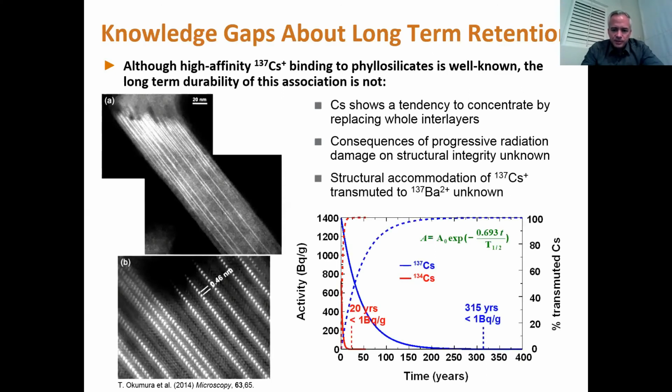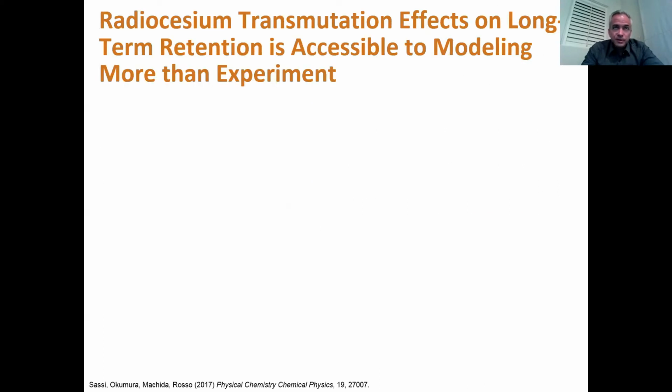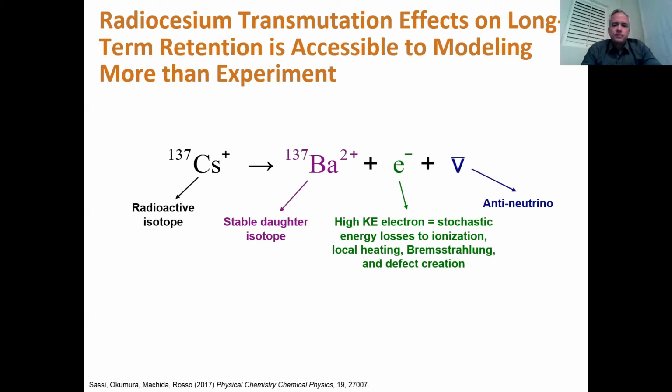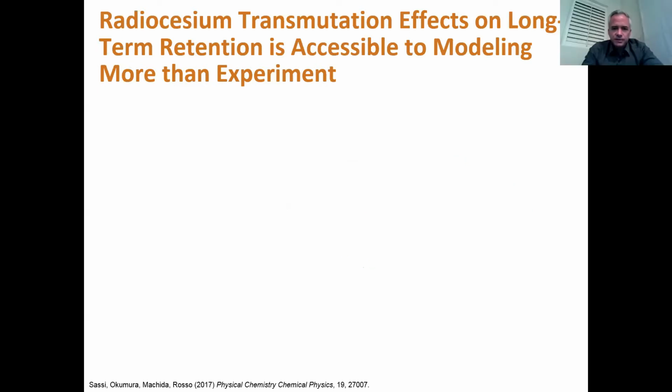So the question is, is this process happening, and is it relevant to the future of Fukushima soil? Without going into the details, for the interest of time, let's just say that it's very amenable to density functional theory, quantum mechanical calculations.